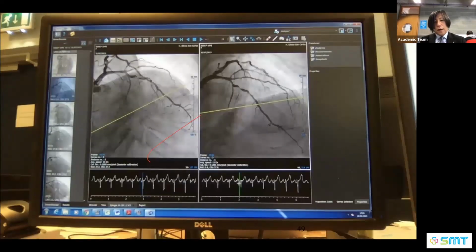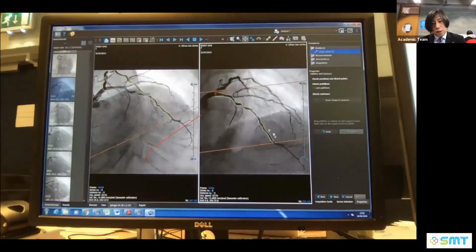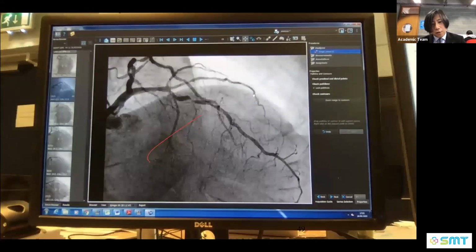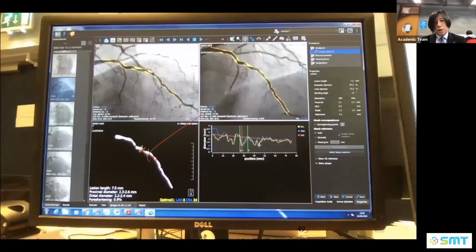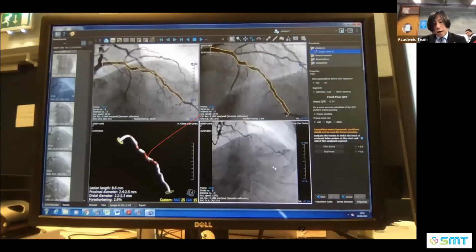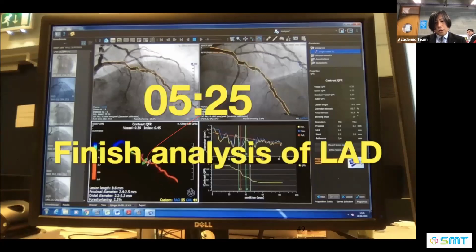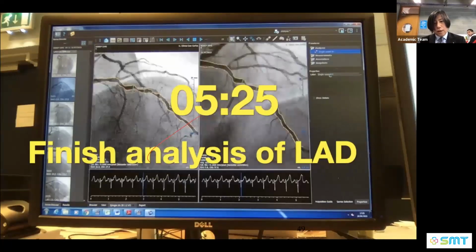We put on a stopwatch just to see how long it takes to do this 3D, three-vessel analysis of the QFR. So this is the LAD lesion. We had quite an experienced analyst in the core lab, but still it took 5 minutes, 25 seconds for the LAD.